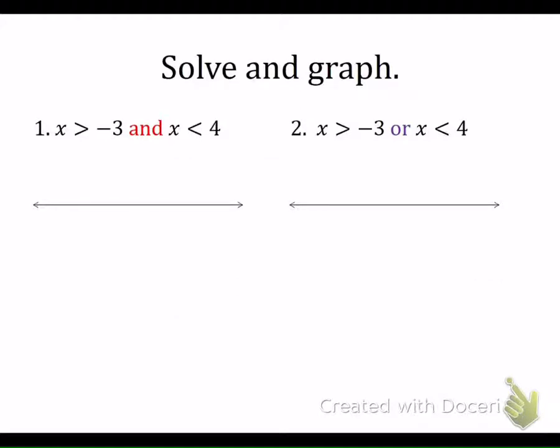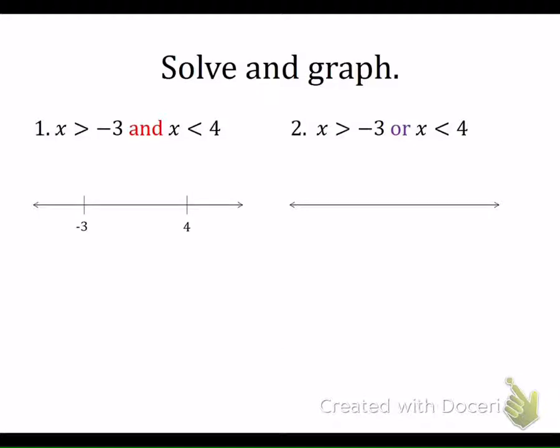We're going to look at these. So these say solve and graph. Solve is what we did yesterday, where you get the x part by itself. 1 and 2 are already solved. Do you see that? So we're just going to graph them. So we want to graph the x values that are greater than -3 and less than 4.